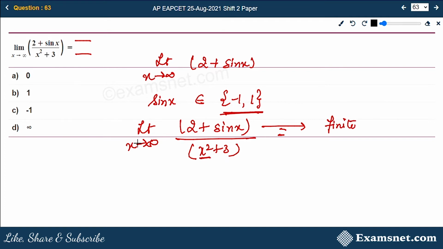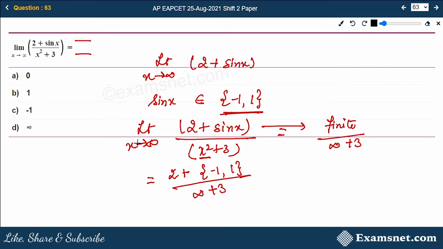And this x square plus 3 is something infinity plus 3. The numerator has a finite value, of the type 2 plus some value between minus 1 and 1, divided by infinity plus 3.